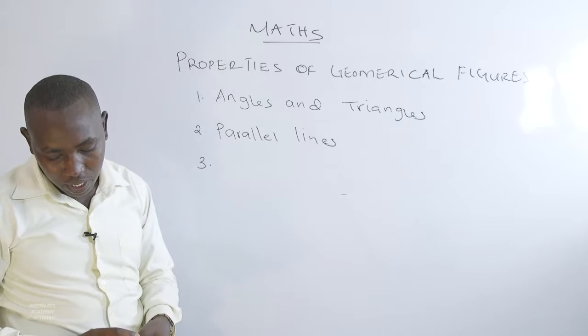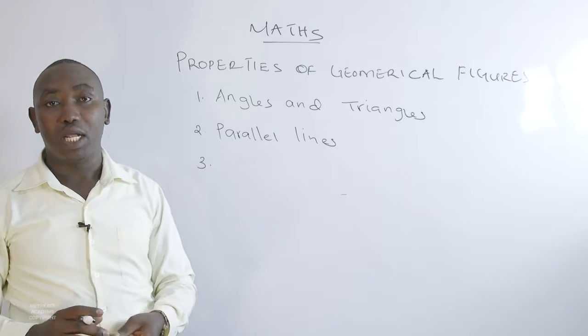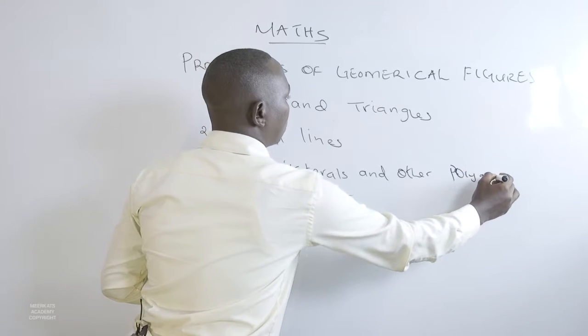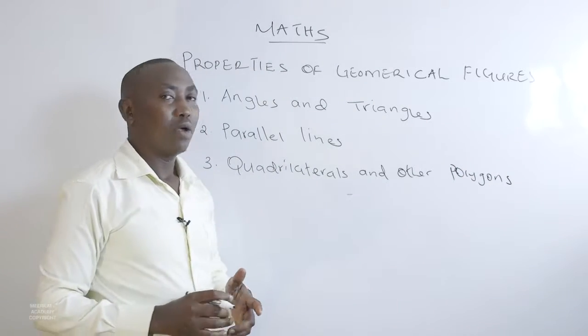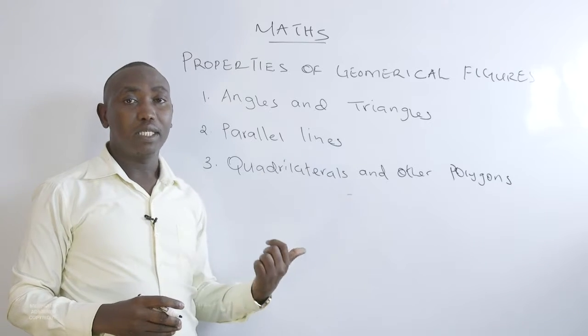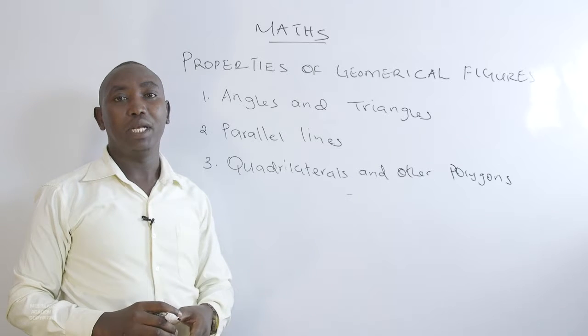Number three, we shall look at quadrilaterals and other polygons. When we mention quadrilaterals, it's derived from the word quad, meaning four.